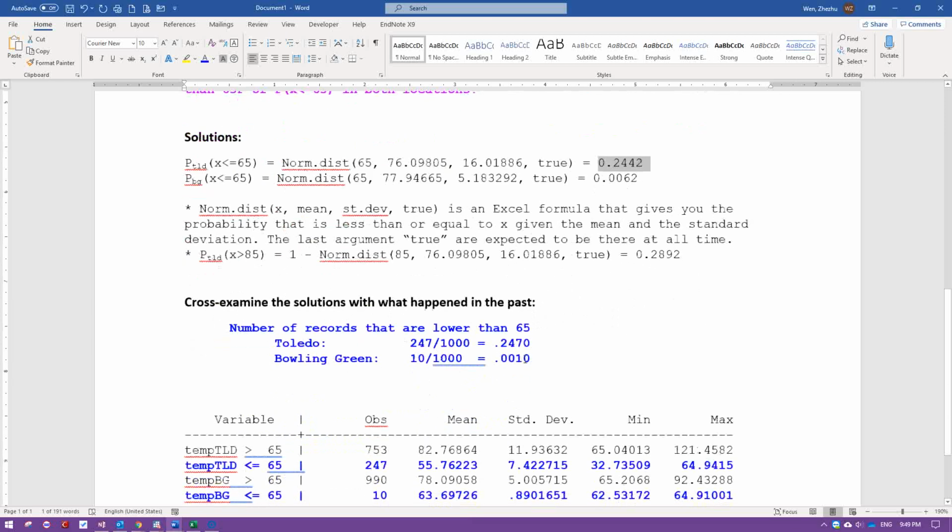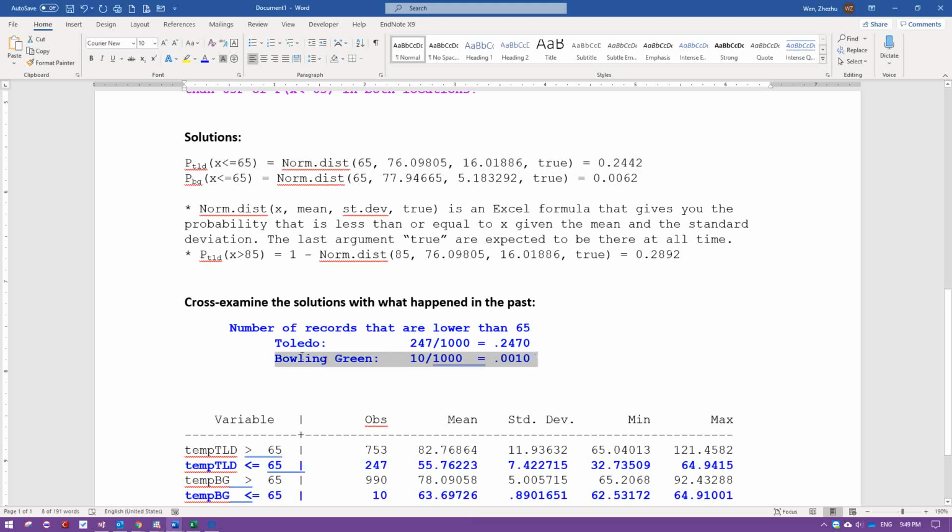Okay, so here this is 24%. Here is 24.7%. This is 24.4%. A slight difference, but the difference is not that huge. Okay, so this is actually a pretty good estimate of the probability we're trying to get.